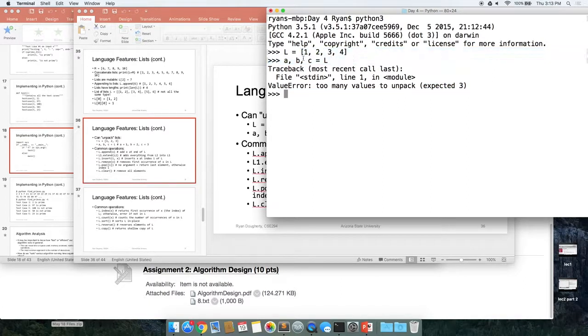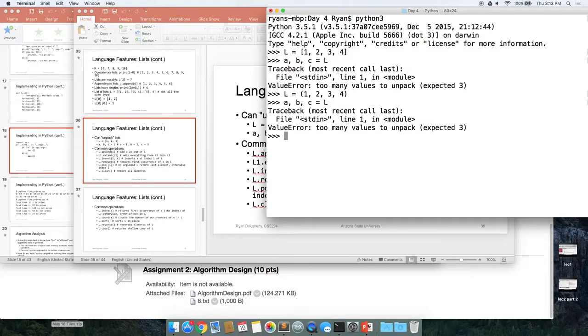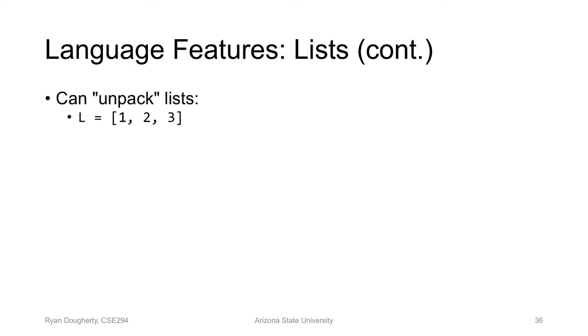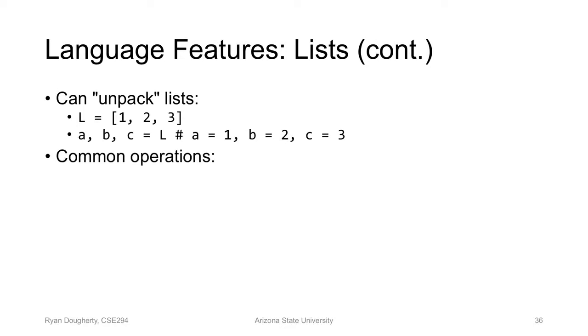So you'll throw an exception. I'm not sure why that is, but maybe if it's a tuple. No, I don't think that'll work either. Yeah. So apparently I was wrong. You have to have the exact same number of arguments on both sides. Yeah, that was my mistake. So you have to have the same number of arguments on both sides.